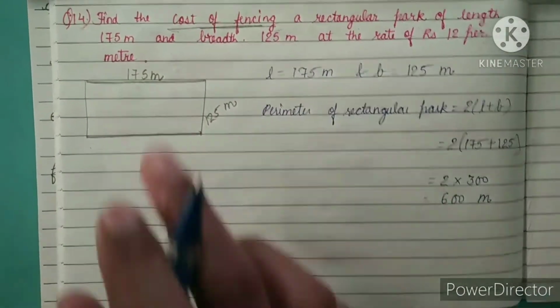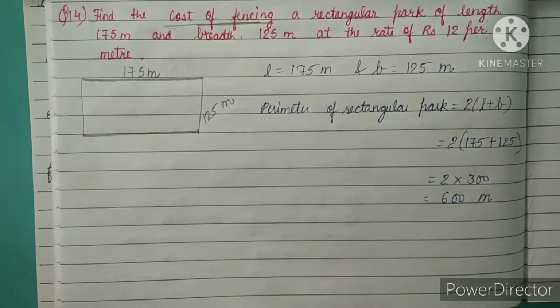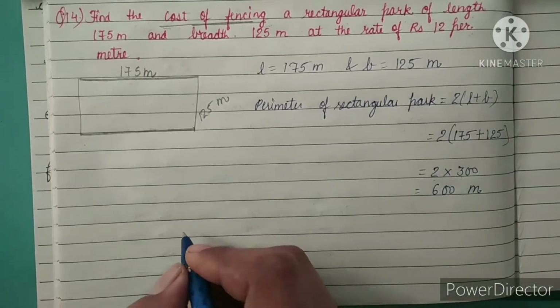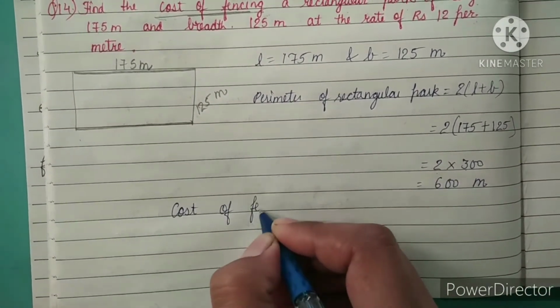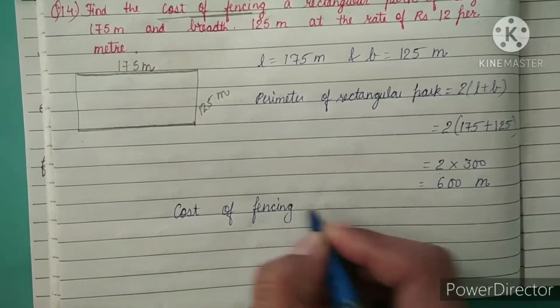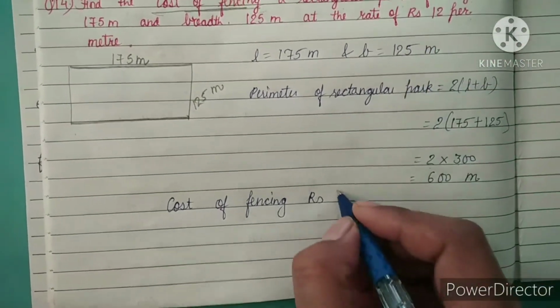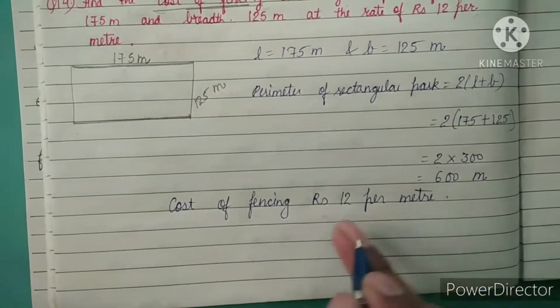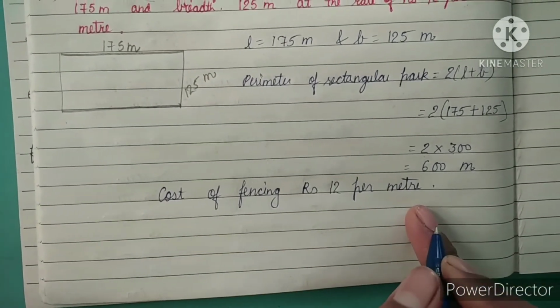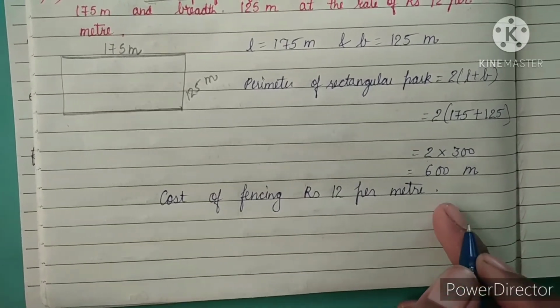What we have to find? We have to find the cost of fencing. So firstly we write here, cost of fencing is rupees 12 per meter. But this 12 is only for 1 meter.